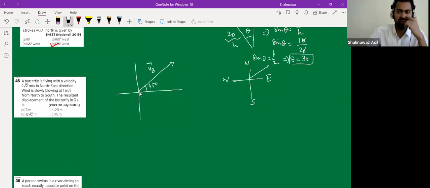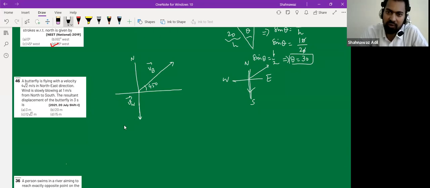It's in the I direction, J direction, minus I direction, minus J direction. What should be the direction? So north is here, south is here. So this is north to south, right? So minus J direction. So this is the velocity of the wind. Okay. And this is 1 meter per second.